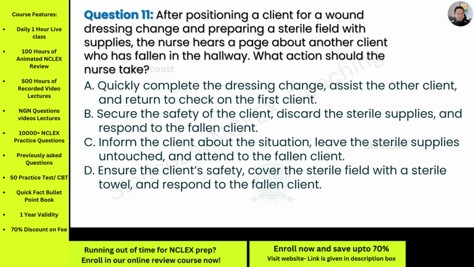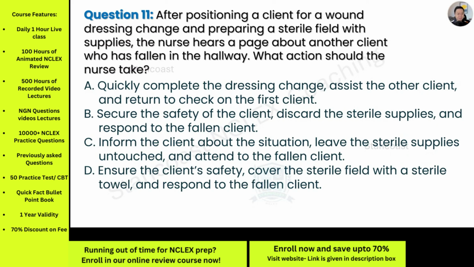After positioning a client for a wound dressing change and preparing a sterile field with supplies, the nurse hears a page about another client who has fallen in the hallway. What action should the nurse take? A, quickly complete the dressing change, assist the other client, and return to check on the first client.